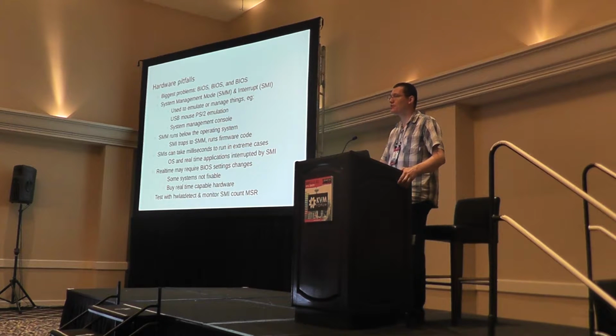It might be used to control fan speed on a server. It might be used for that nice management console that you connect to over the network. And this runs completely outside the control of the operating system. In some cases, it can take milliseconds to run.